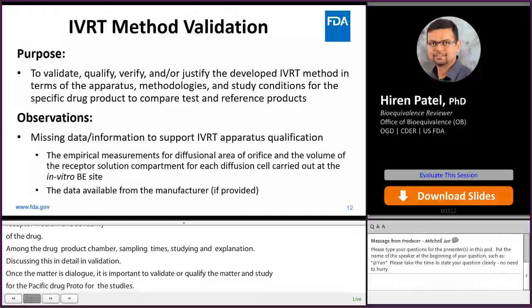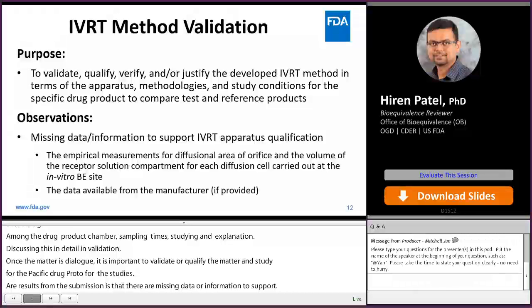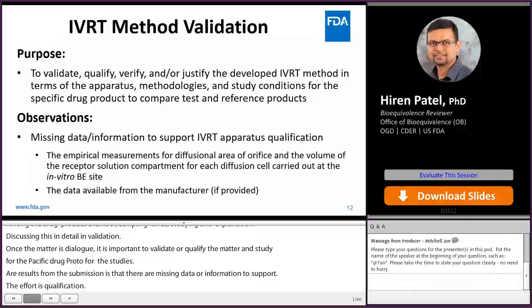For example, the empirical measurement for diffusional area of orifice and the volume of receptor solution compartment for each diffusion cell carried out at the in vitro test site, as well as the data available from the manufacturer, if provided.